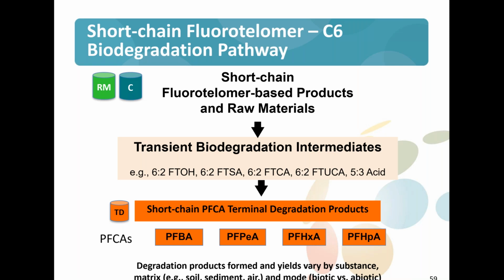And those substances, under appropriate conditions, most notably aerobic conditions, will form the terminal degradation products shown here, which are the short chain perfluorocarboxylic acids ranging from 4 all the way up to 7, with the perfluorohexanoic acid being a predominant one. Now, that said, it's going to differ depending on what goes where.